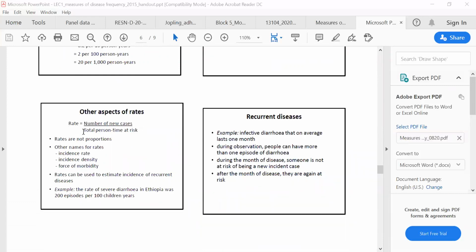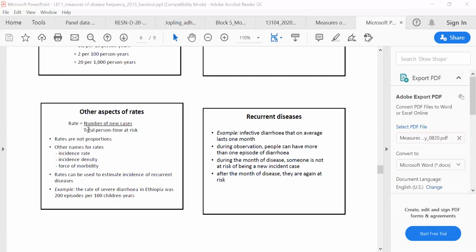What other aspects of rates? Remember, this is the formula for our rates. Rates are not proportions. Why are they not proportions? Remember, I explained they are different. We have rates, we have ratios, there were so many other things. In this case, what is in your numerator?